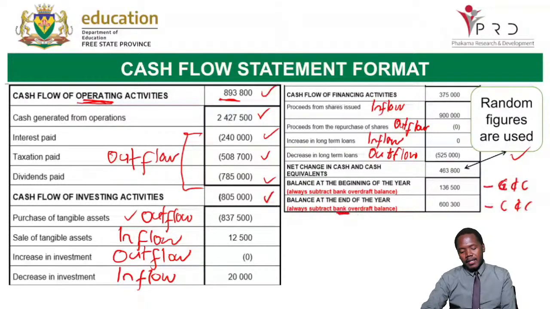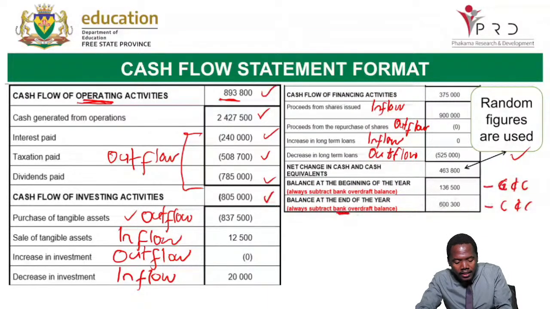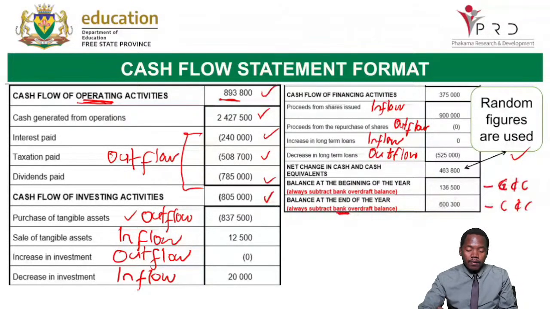We always subtract a bank overdraft before we can determine the final cash and cash equivalents at the beginning or at the end. Now with these two figures, because they have the same sign here, we are going to subtract 136,500 minus 600,300, and then we get 463,800.